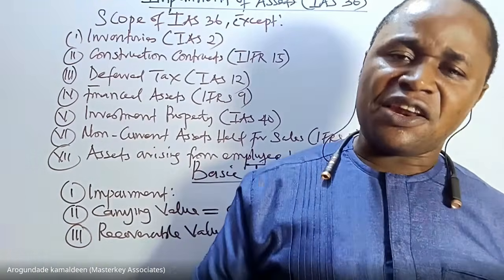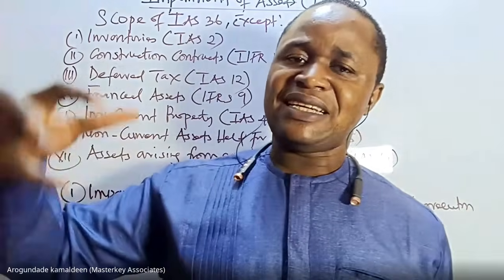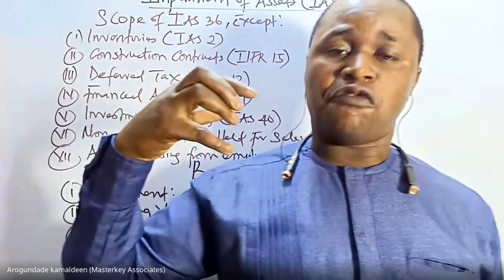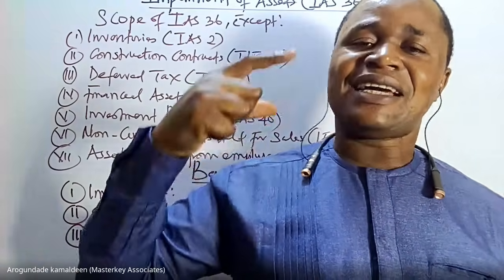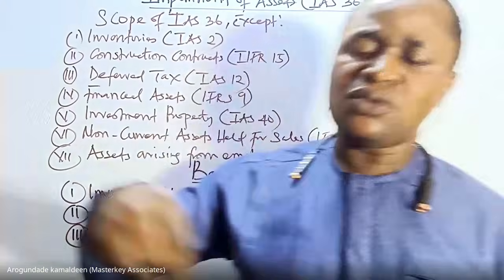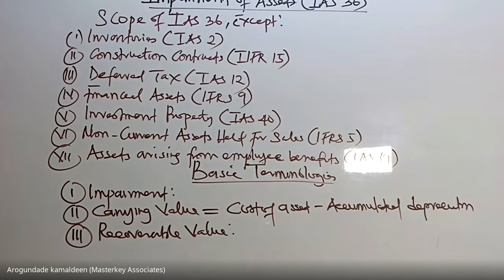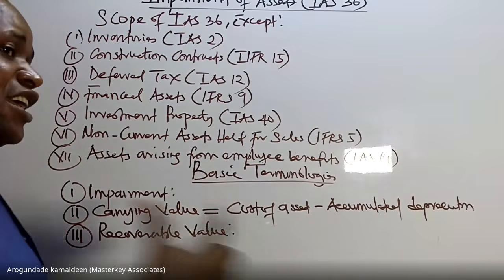Now, recoverable value, from that word, recover, that is the value the entity will realize from the asset, either from selling the asset or from the continued use of the asset.